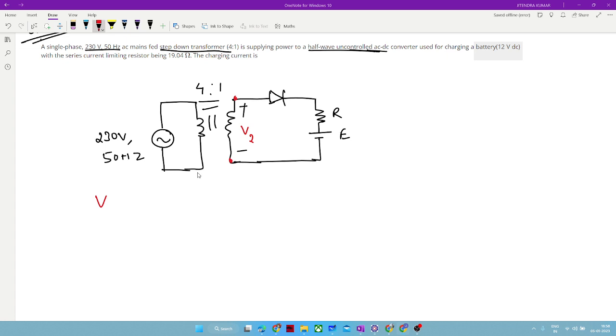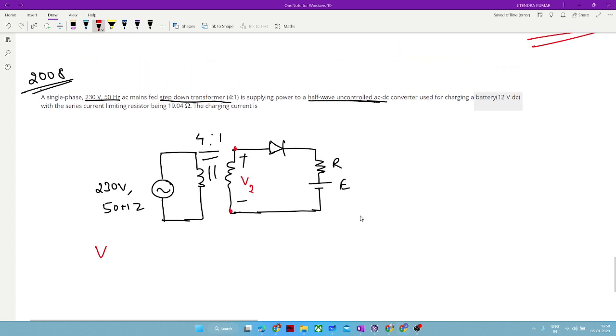So again, please see the problem. This was the problem. Single phase 230 volt 50 hertz AC mains was fed through a step down transformer to a half wave uncontrolled AC DC converter charging a battery of 12 volt DC. Since it is written that it is charging a battery, we can infer that it is an RE load.